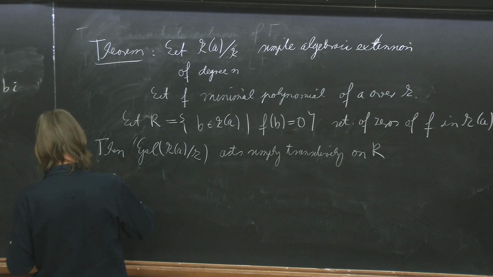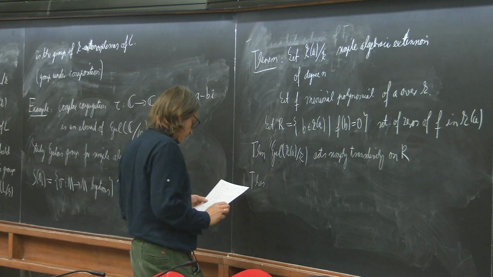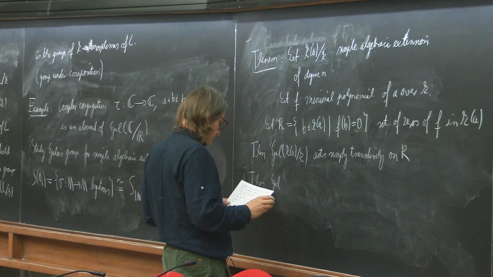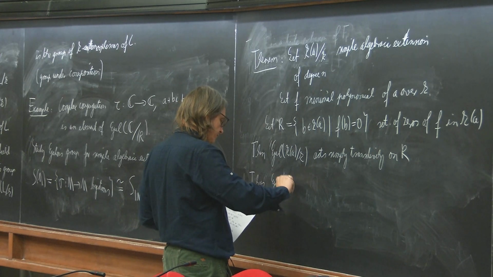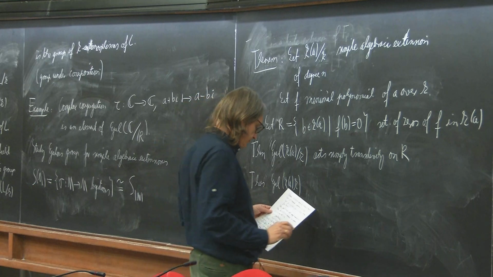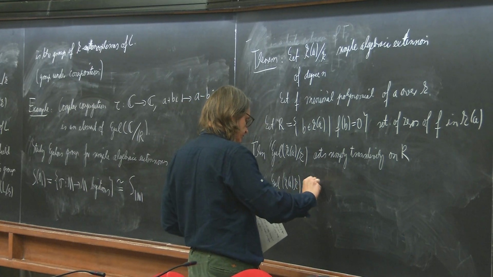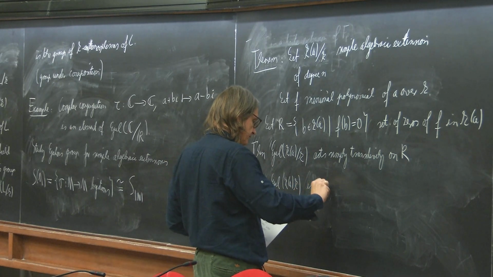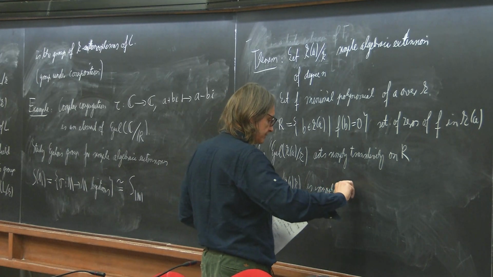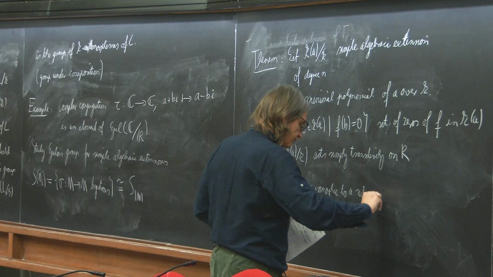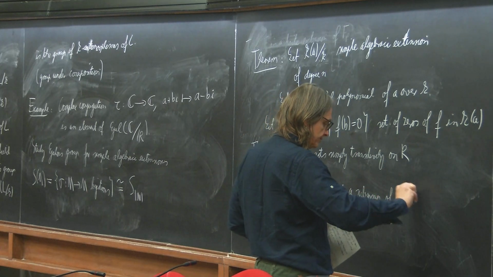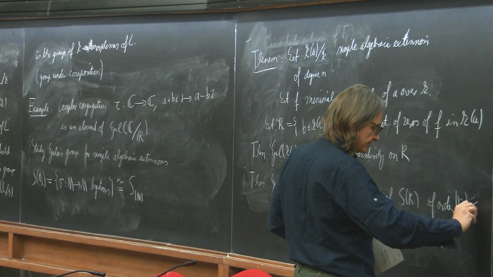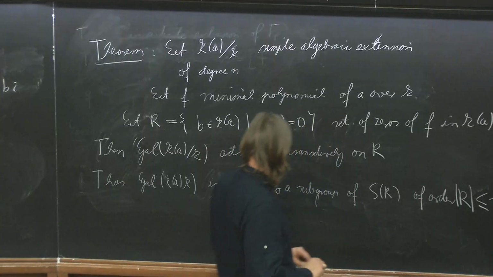So thus the Galois group of K(a) over K is, if you want, isomorphic to a subgroup of S of R of order at most n.